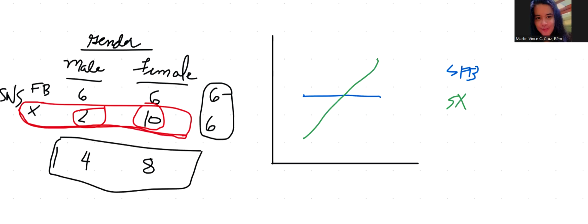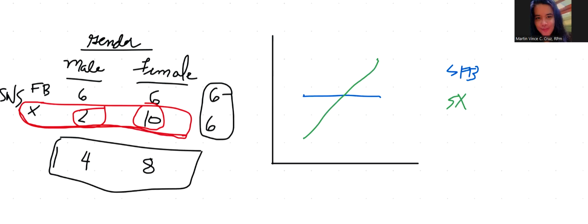So again, in the earlier example, X was able to influence both female and male participants because the male participants na nakuha sa test na ito or sa experiment na to rather, no?